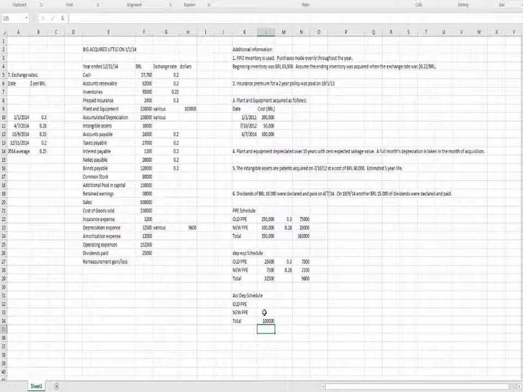We have to break that down into old versus new. The new stuff that we just acquired had 7,500 reals of depreciation expense, so we would have 7,500 reals of accumulated depreciation. So if there's 100,000 total, 7,500 of which is new, then the old must be the other 92,500. And again, we use the appropriate exchange rate to convert those to dollars.